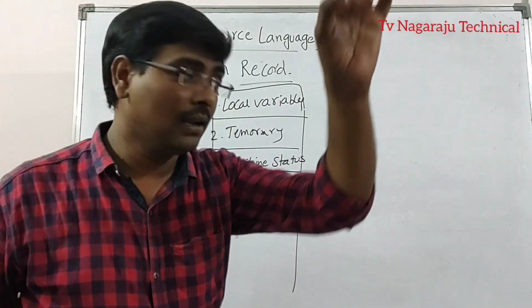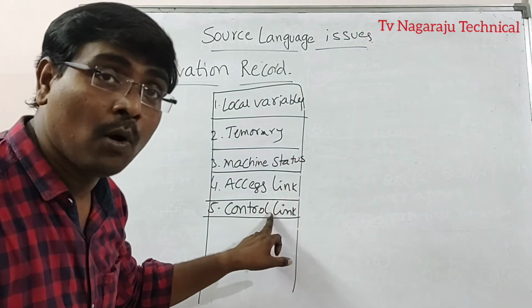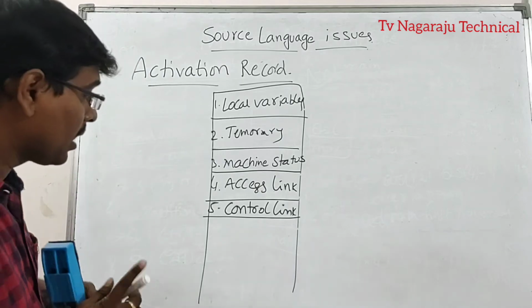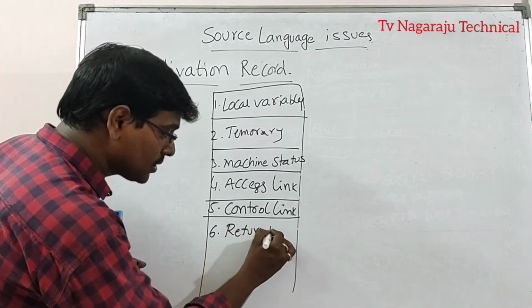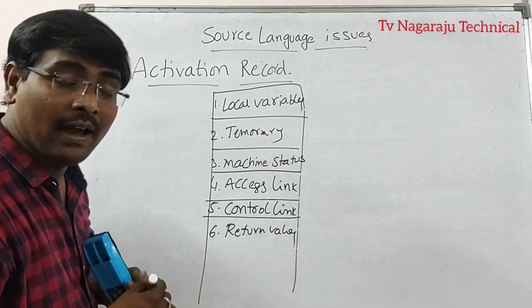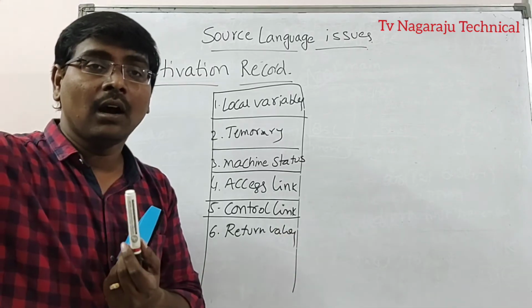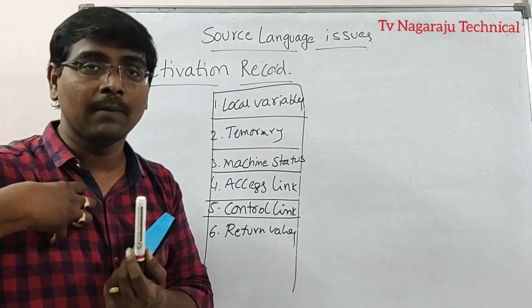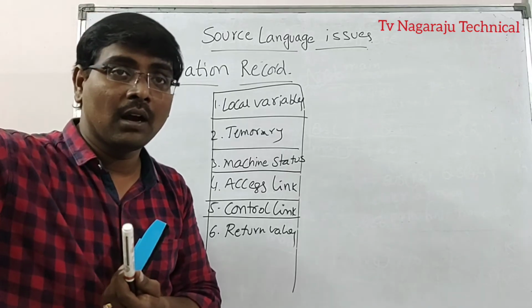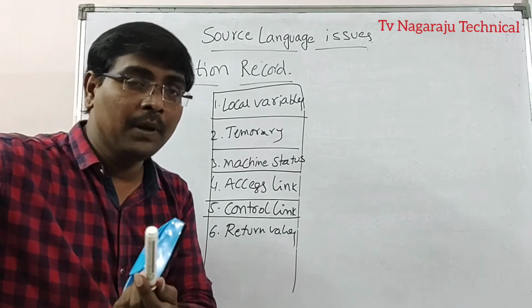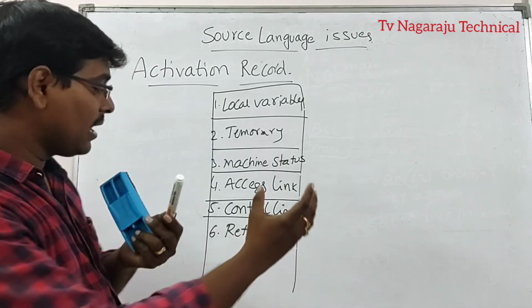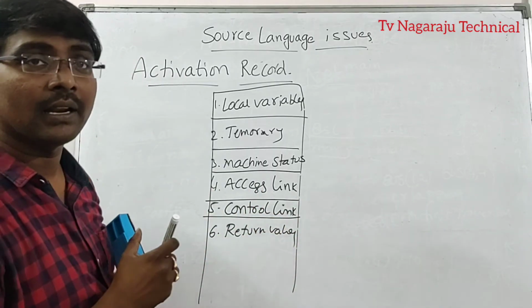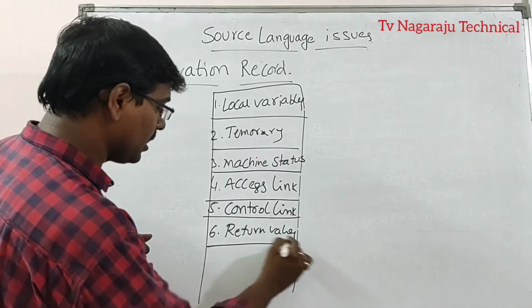For that caller, the control link points. Return values. Return value means whenever I am calling some procedure, after completion it returns some value. Yes or no? The returned values are stored here.